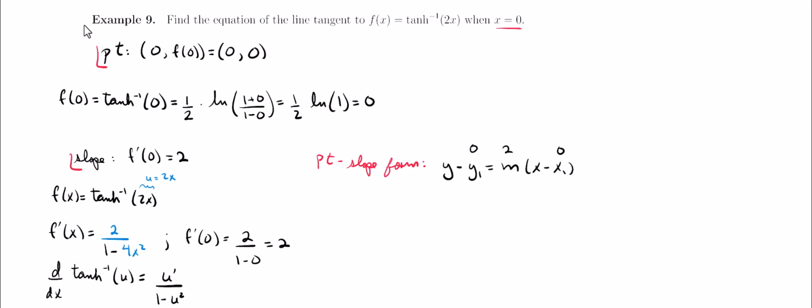So we obtain the line y equals 2x. And there we go. Now we found the equation for the line tangent to the tanh inverse of 2x when x is 0.